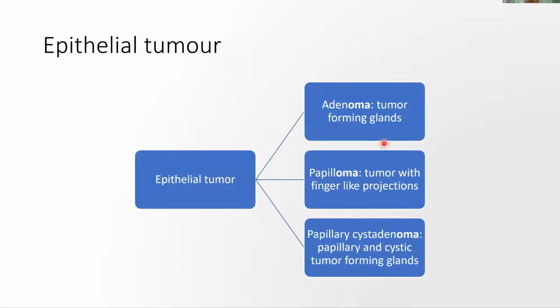For the first category, when the tumor cells form glandular structures, we name it adenoma. Papilloma means the tumor forms papillary structures, which have a fibrovascular core in the middle lined by epithelial or tumor cells. Papillary cystadenoma means the tumor has a cystic component plus papillary structures.